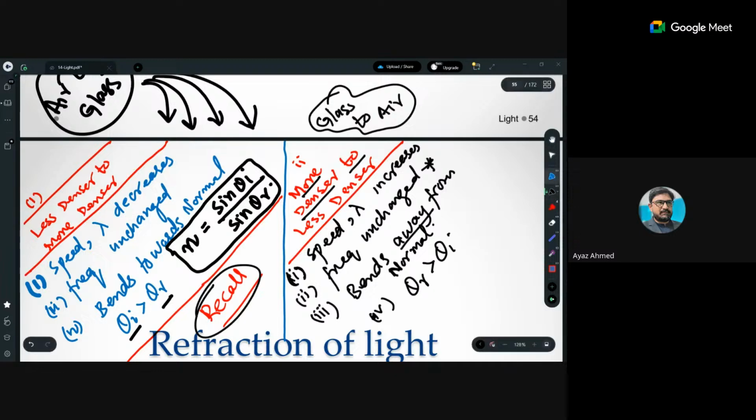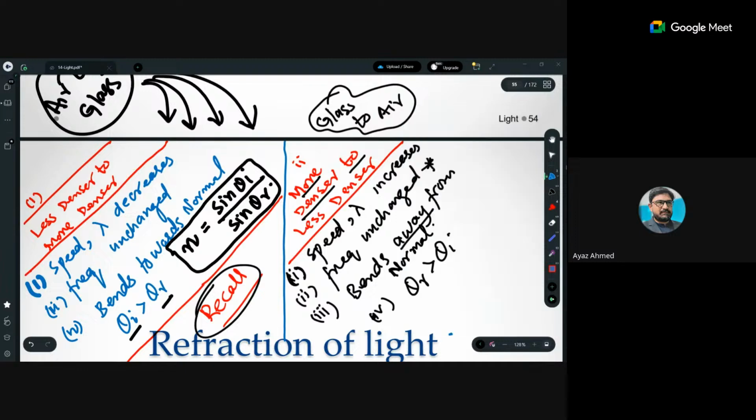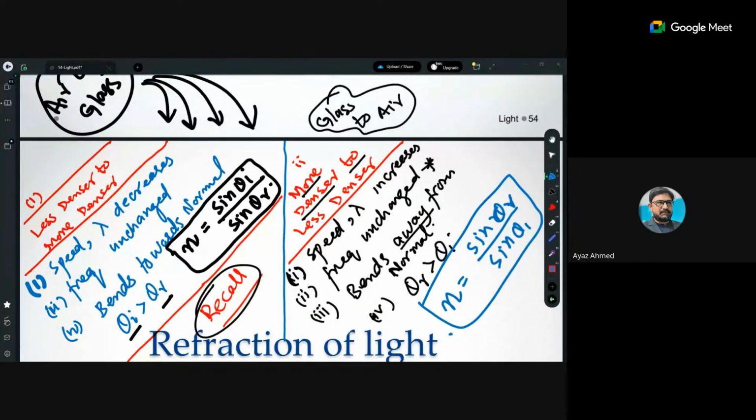And the most important character of the light, which would help you out in calculation, is the formula for the refractive index: sine theta r divided by sine theta i. Everything is reversed, just frequency remains unchanged.